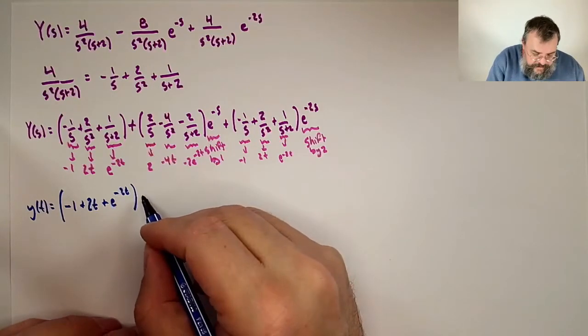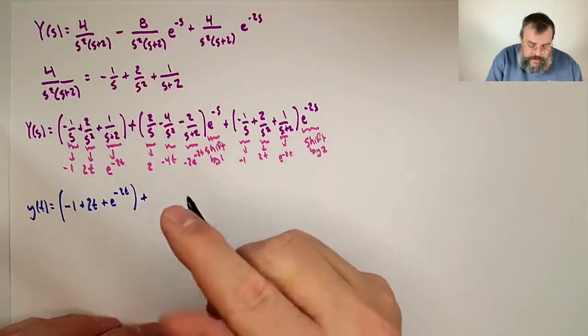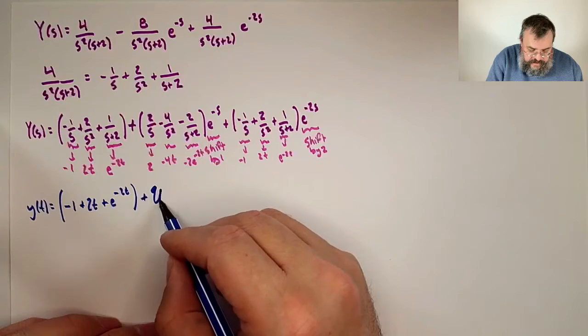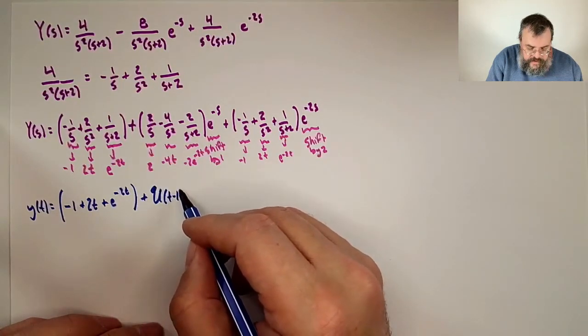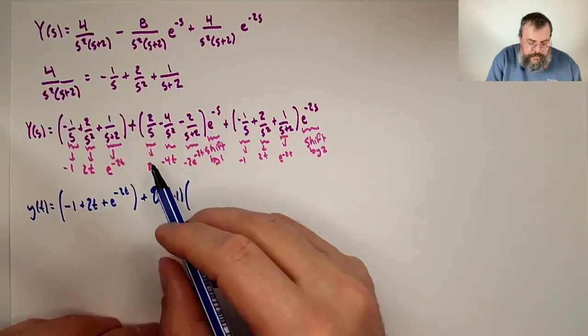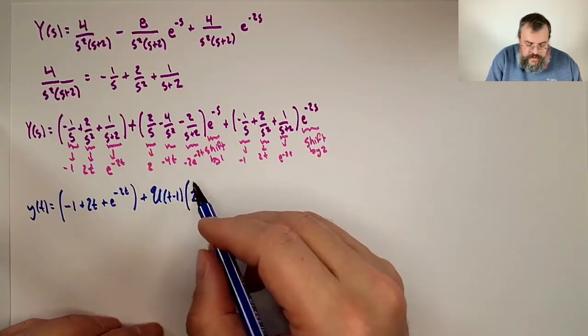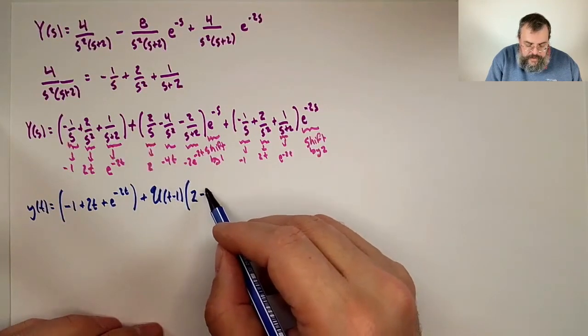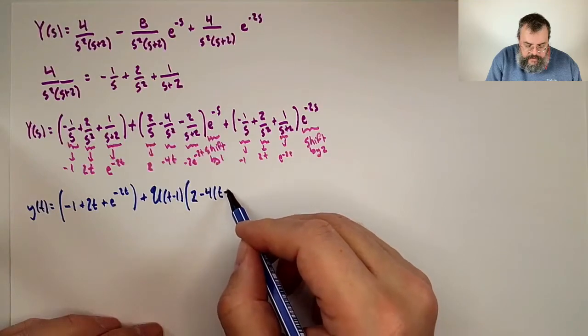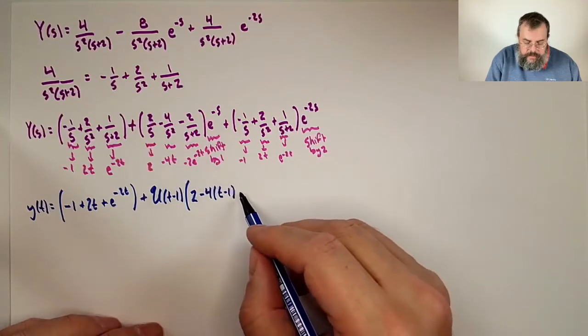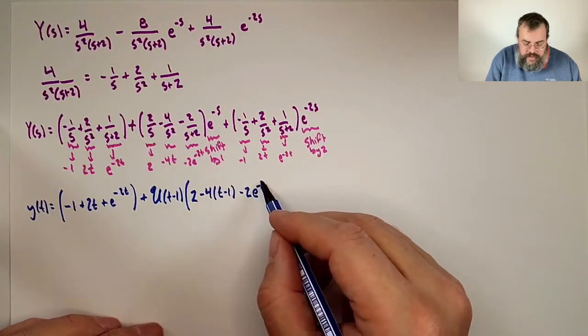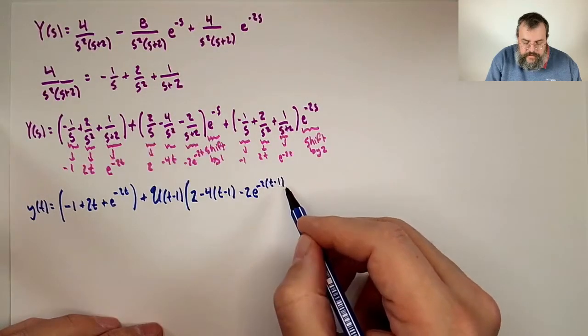And then something happens at 1. So we turn on some behavior at 1. And what's the thing that we turn on? We have 2, and then minus 4t, but we shift. So minus 4 times t minus 1. And then minus 2 e to the minus 2 times t minus 1.